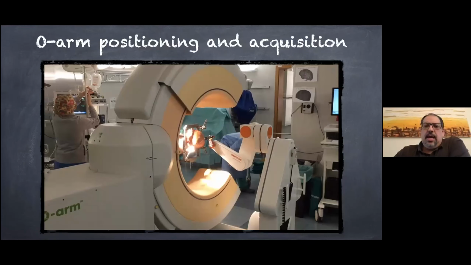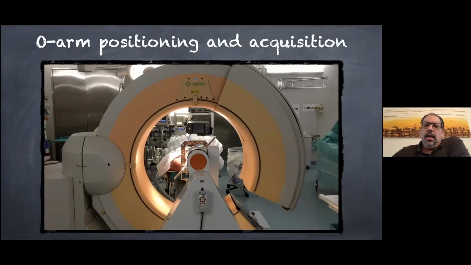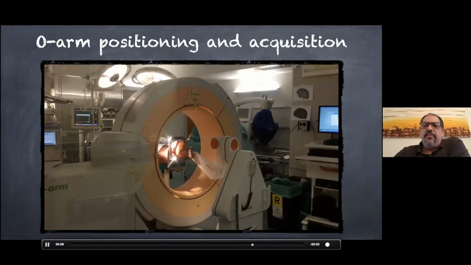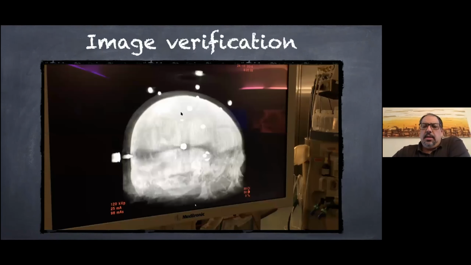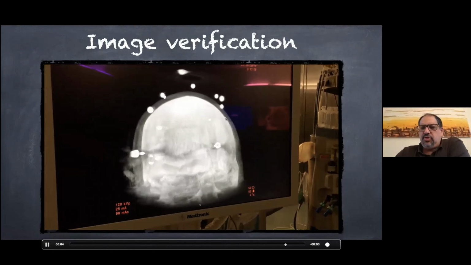Then we approach the scanner. Everything is compatible in terms of volumetric dimensions and size, and we acquire a 3D scan. We check that all the fiducials are in the 3-dimensional dataset.